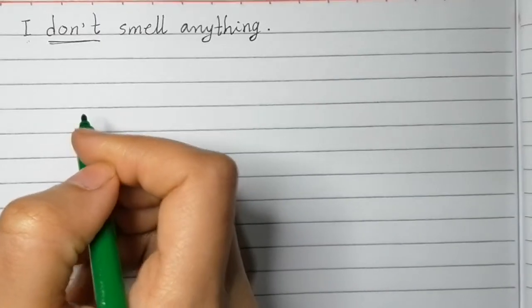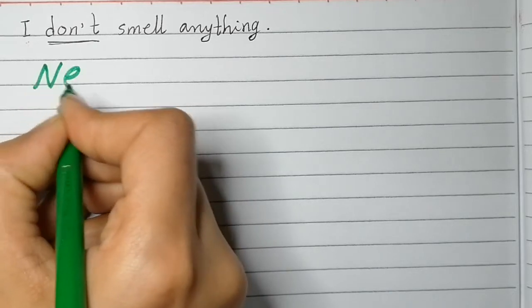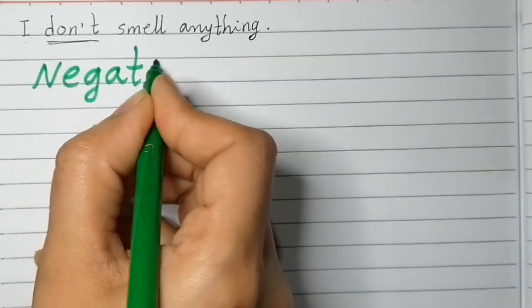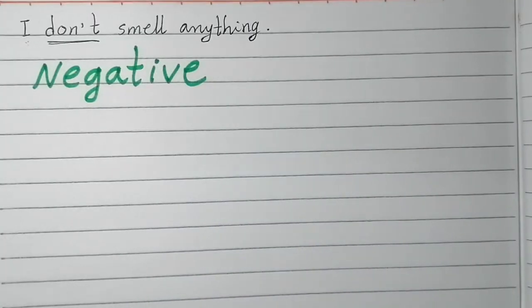How to make the simple present tense negative? So the negative way of present simple tense.